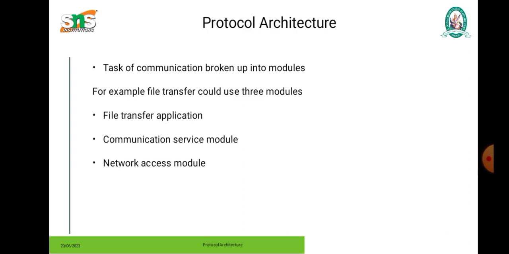The second one is the communication service model. The computers are connected to the network and they exchange or transfer data through the network from one system to another.